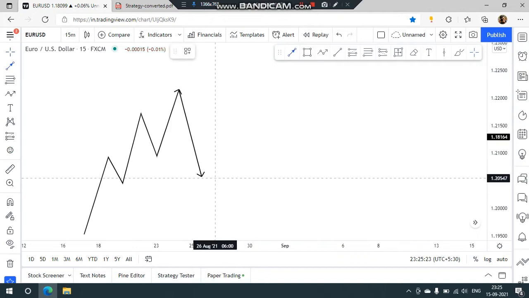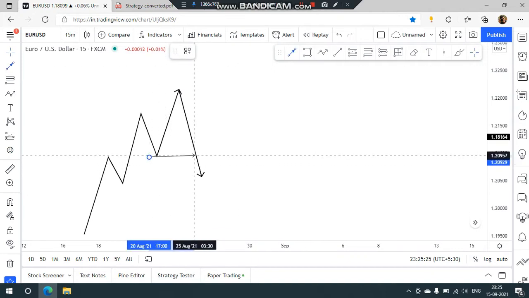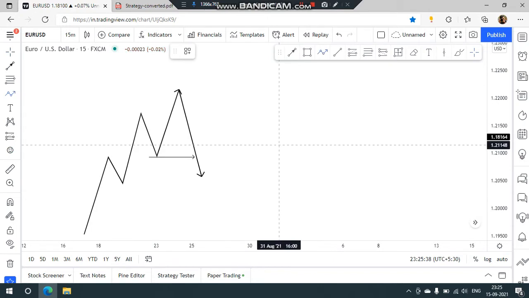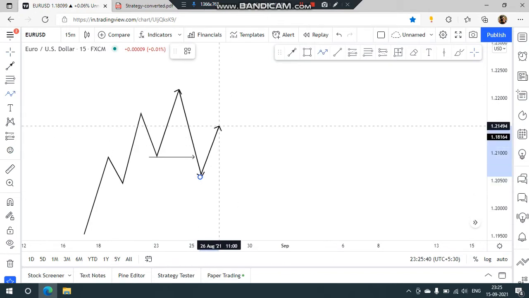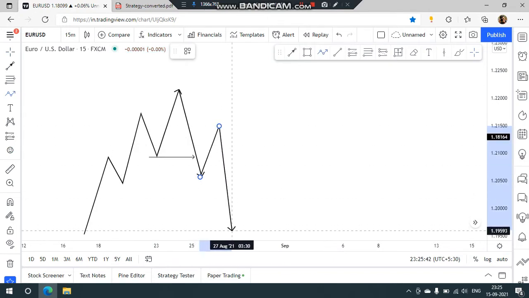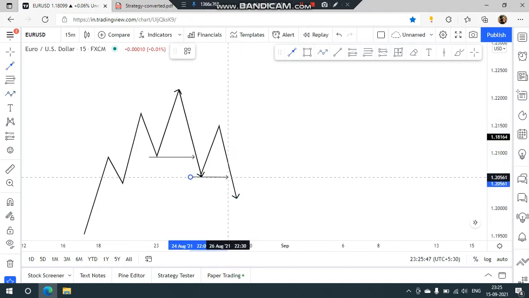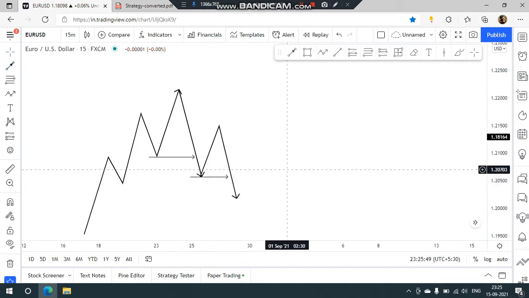If it broke this, can we confirm that the trend has changed to a downtrend? No, we need a confirmation. The confirmation would be a corrective move followed by another break of structure.